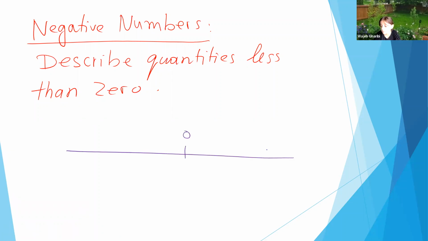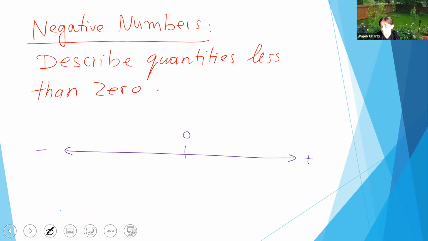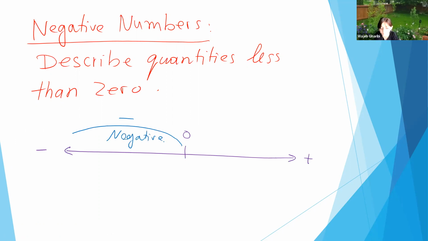Let us show it on the number line. For example, this is 0. Here are positive, and here is negative. So where are negative numbers? They are here, on the left of 0. For example, here is negative 1, negative 2, negative 3, negative 4, negative 5, and so on.